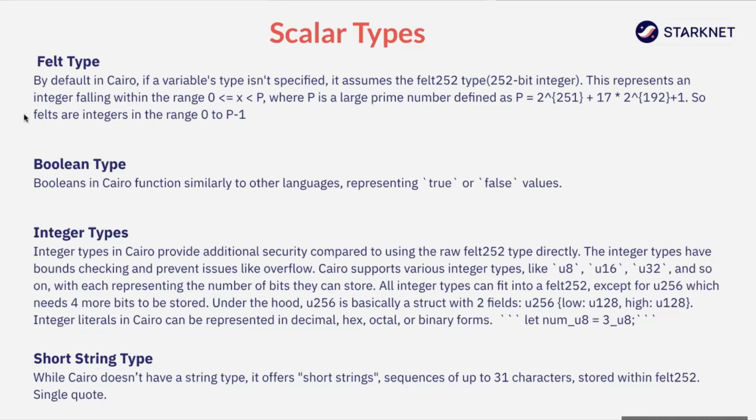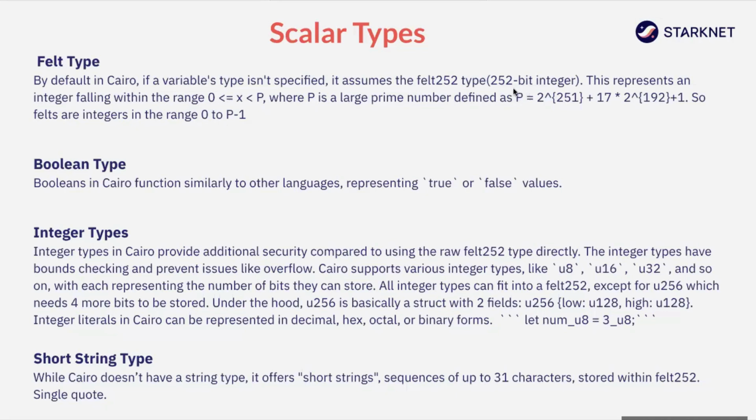So this represents an integer that falls within the range 0 <= x < p, where p is a very large prime number, and p holds this value. So felts are integers that fall in the range of 0 to p minus 1.